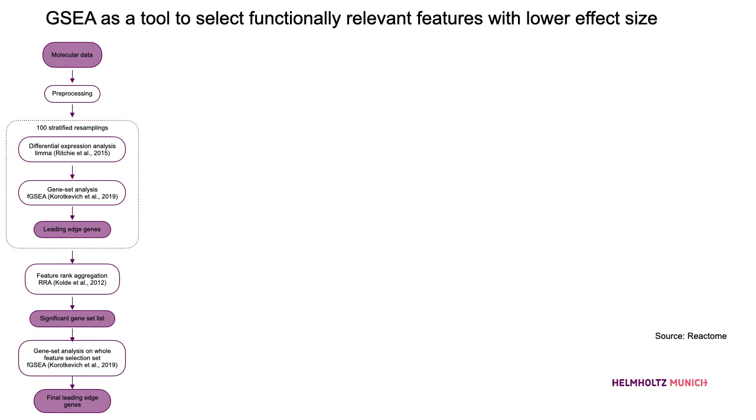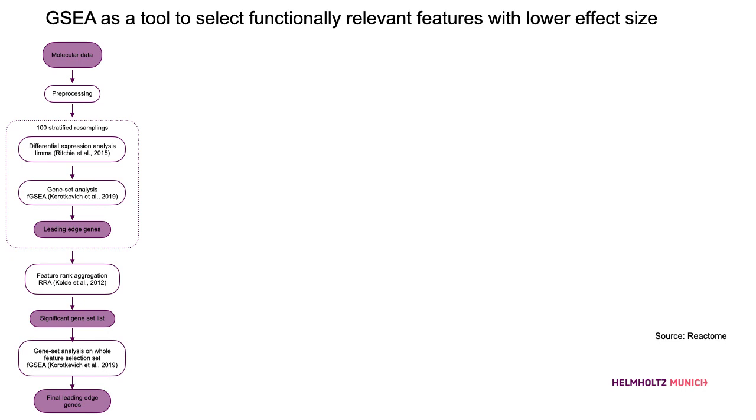So the idea is that using gene set enrichment analysis, I do not only prioritize the high effect size features, but I also take into account the low effect size ones, and when we combine everything together, we might achieve a higher prediction performance.